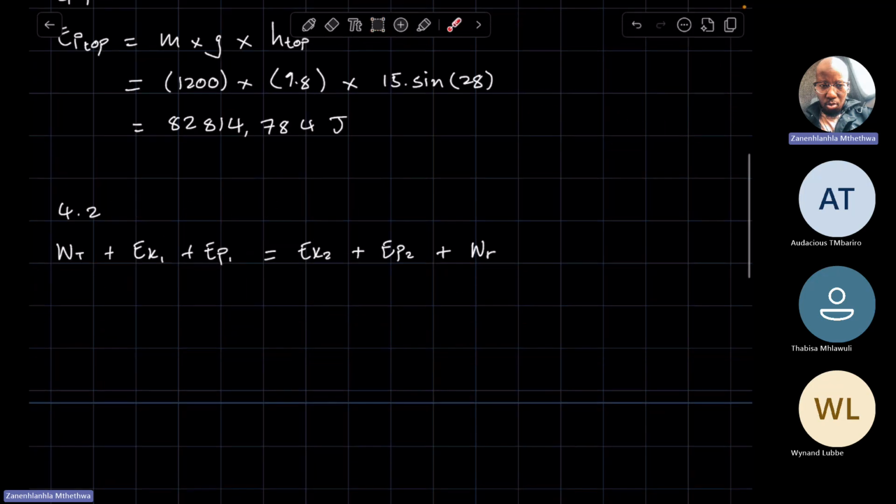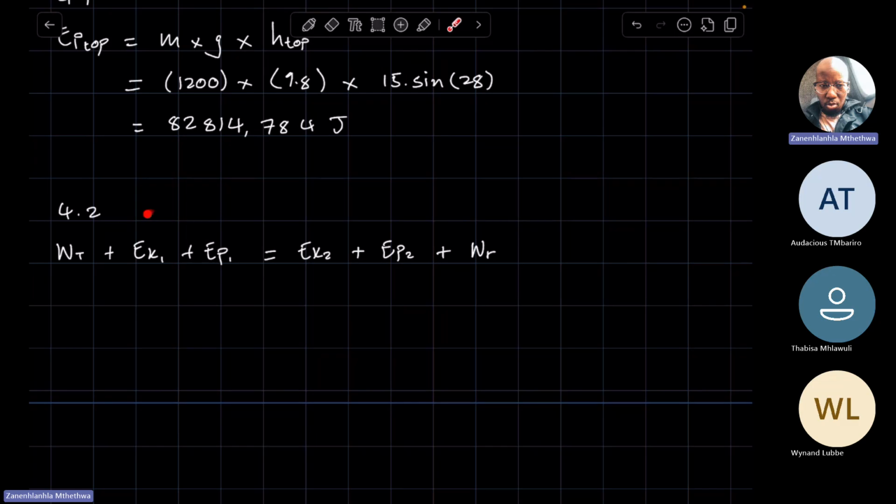Now, like I said, this version is used when the object is accelerating, because for the most part, especially if the object is moving up the incline, a force has to be applied for the object to move up the incline. Hence, initially there's going to be some work done for the object to even start moving.